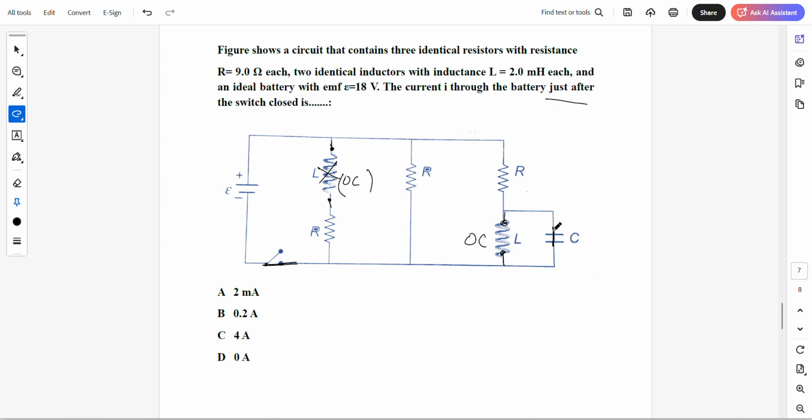And this is short circuited. C is short circuited. Now how does the circuit look? It is like this.